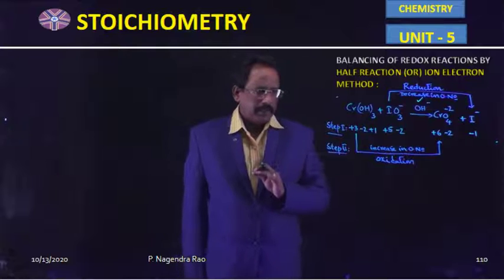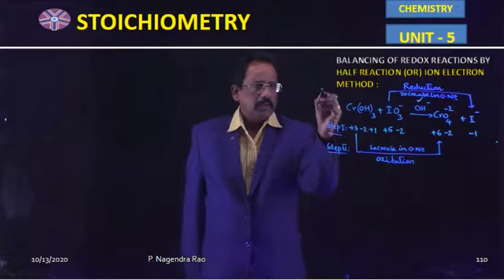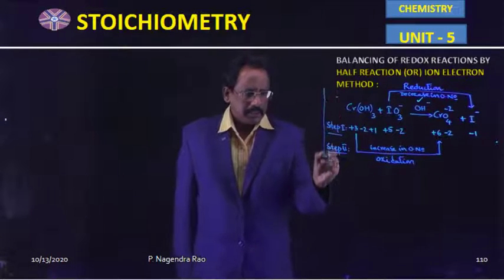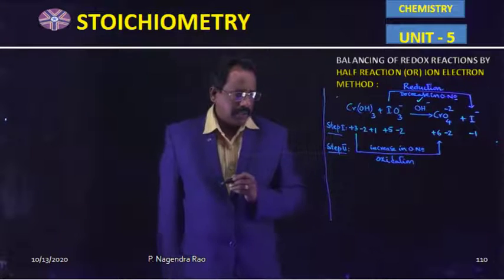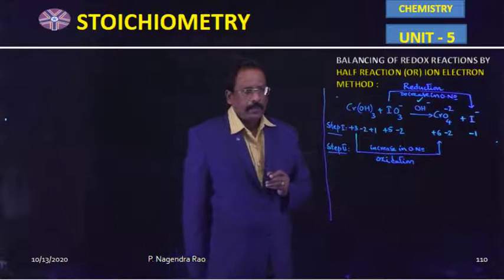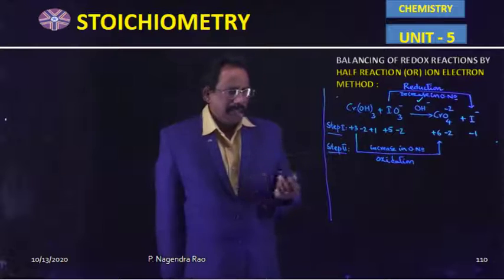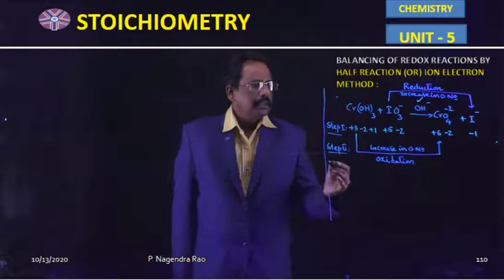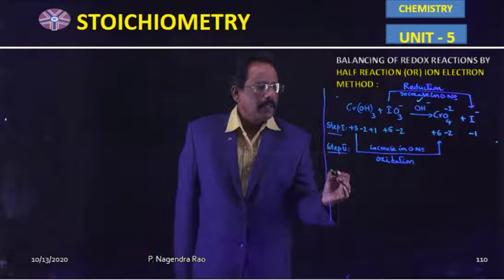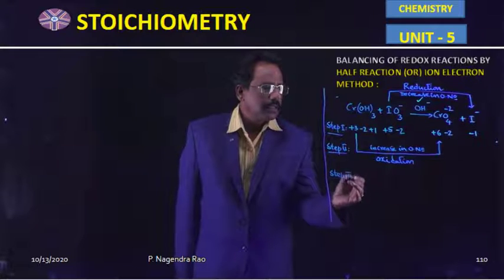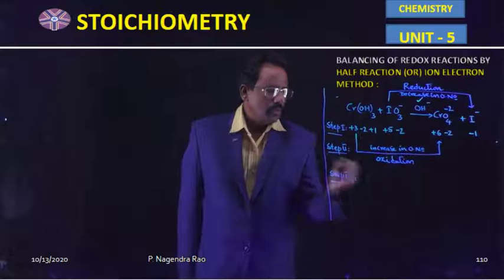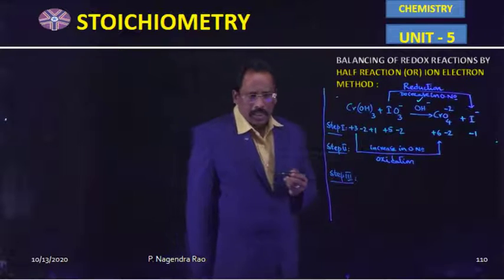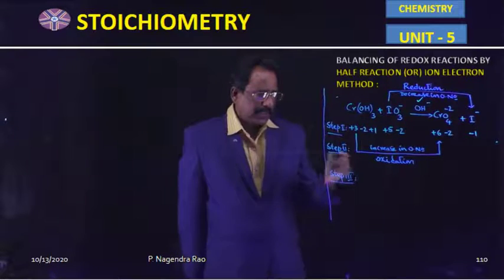And then next one, step number 3, is divide the given equation into two half reactions.